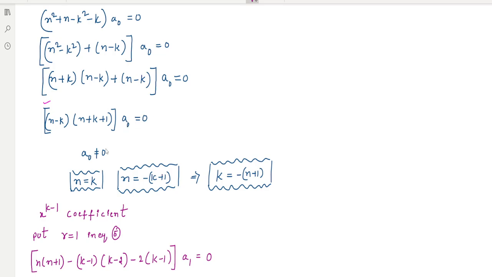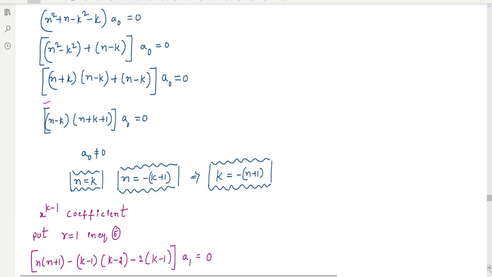Here a naught cannot be equal to 0, because if a naught equals 0, the entire solution is going to be 0, and then there is no chance to solve the polynomial equation. So if a naught is not equal to 0, then we have two cases. One is n equal to k, case 1. Another one is k equal to minus n plus 1.